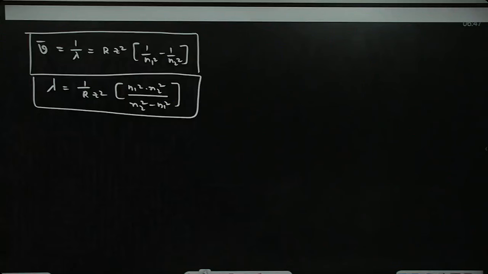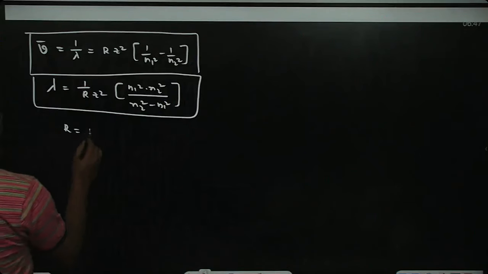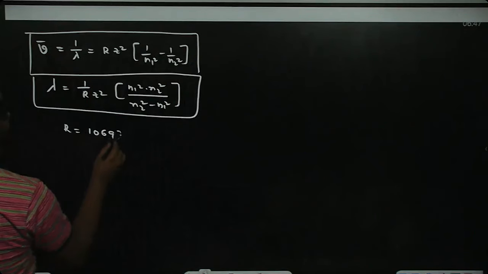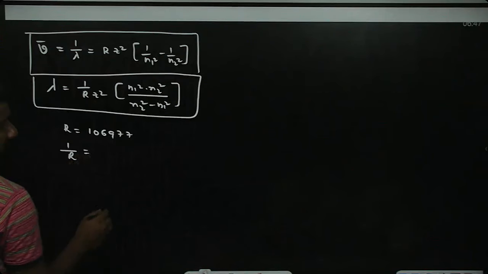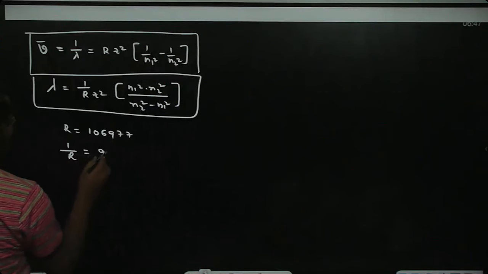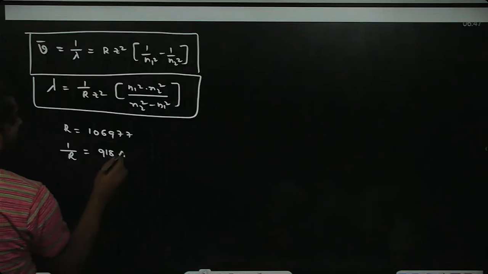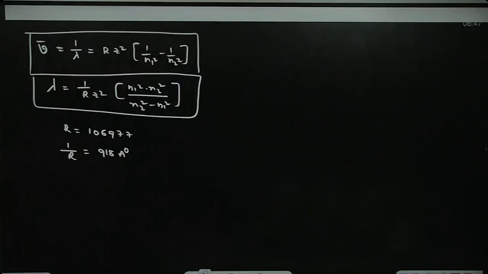Don't be confused. Now, if you need the R value, the Rydberg constant is 109677. For 1 by R, we can take 918 angstroms. In some cases, you can take 920 also, no problem.